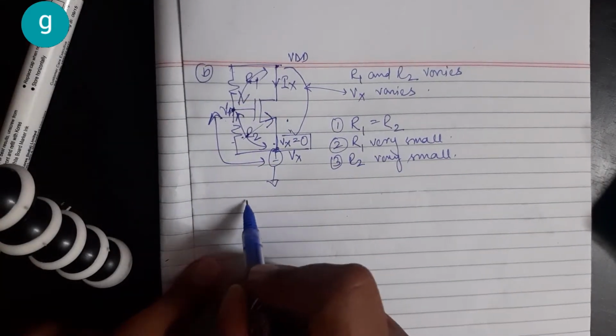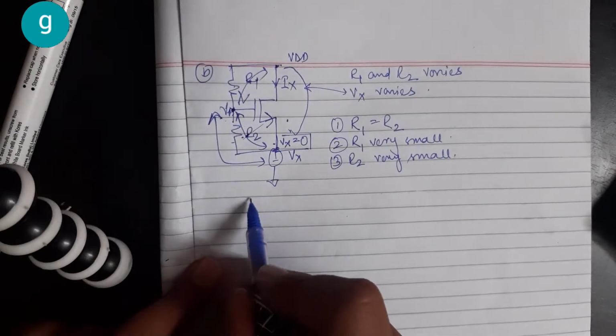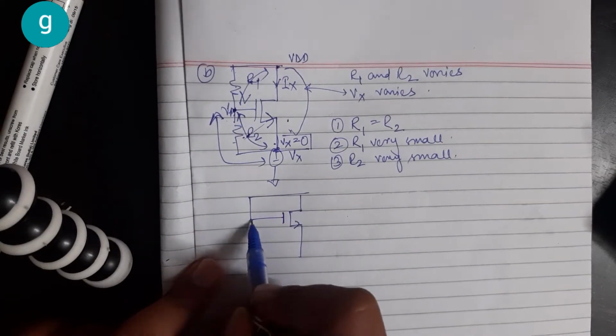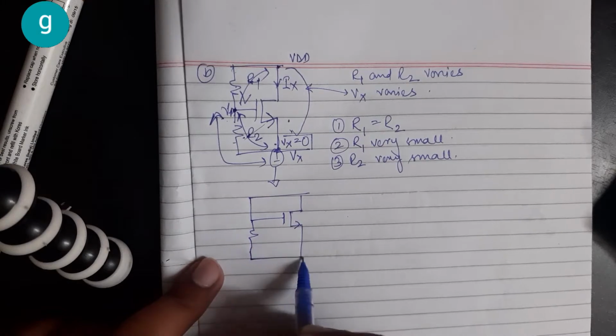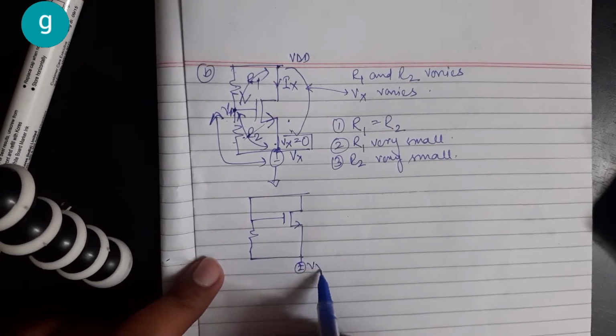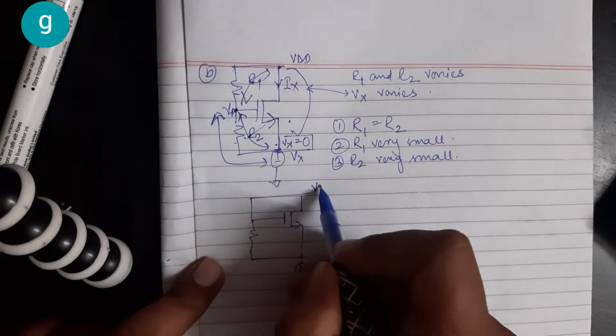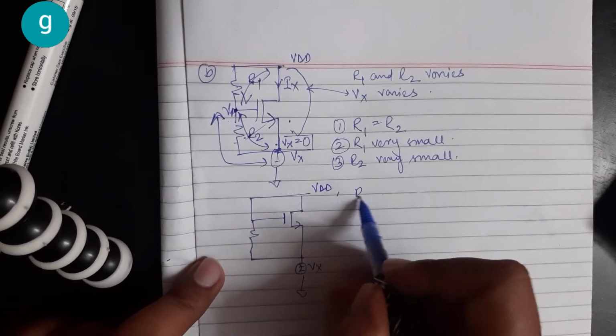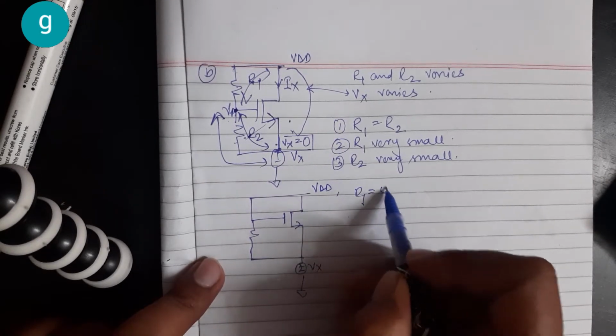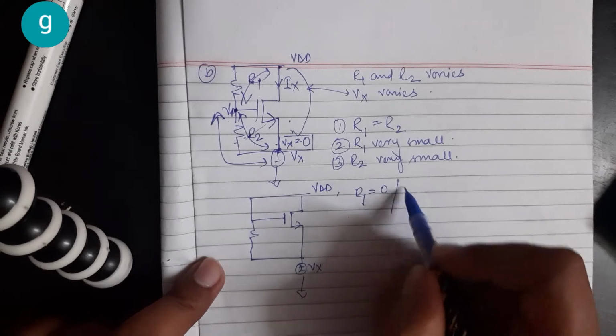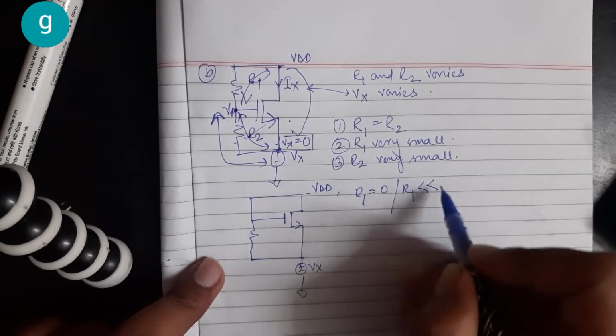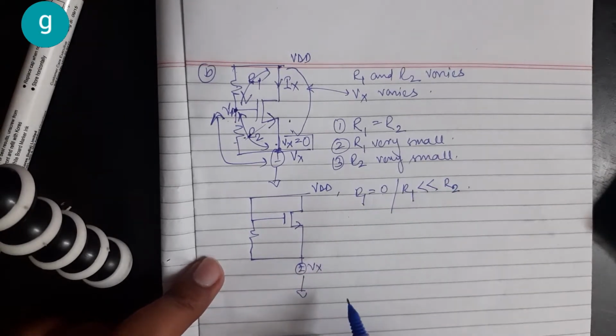Now consider the case where R1 is very small. In that case, we can draw the circuit like this. This is the case where R1 is very small, or we can also write R1 less than R2.